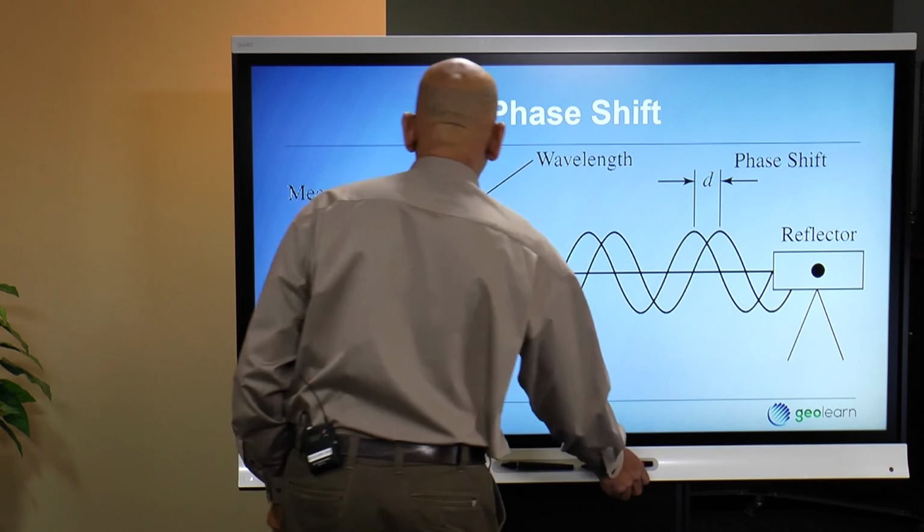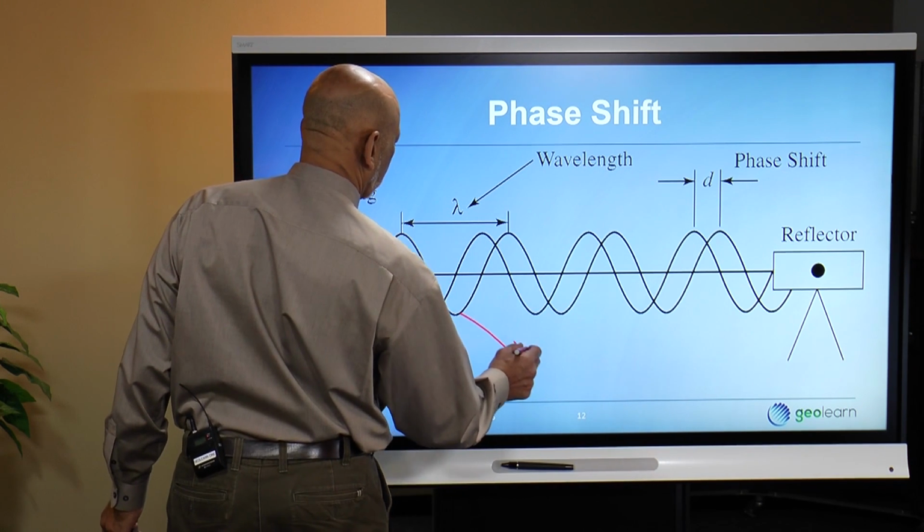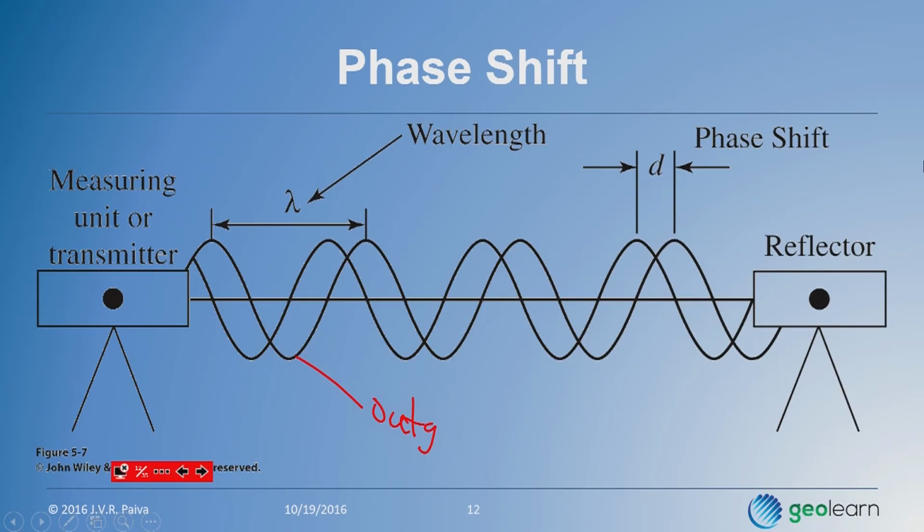So this signal here, let's say, is the outgoing signal. So if I trace this, here's the outgoing signal. It gets to the center of the EDM, and then when it comes back out, it's shifted.